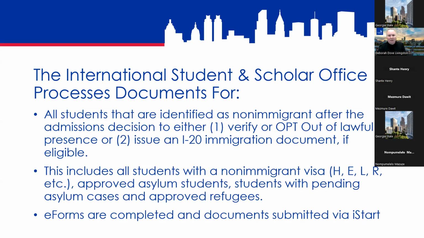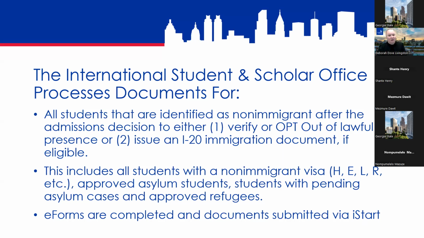The International Student and Scholar Office processes documents for students that are identified as a non-immigrant visa holder, or students that have applied for asylum status or been granted asylum or refugee status in the U.S. after their admissions decision.